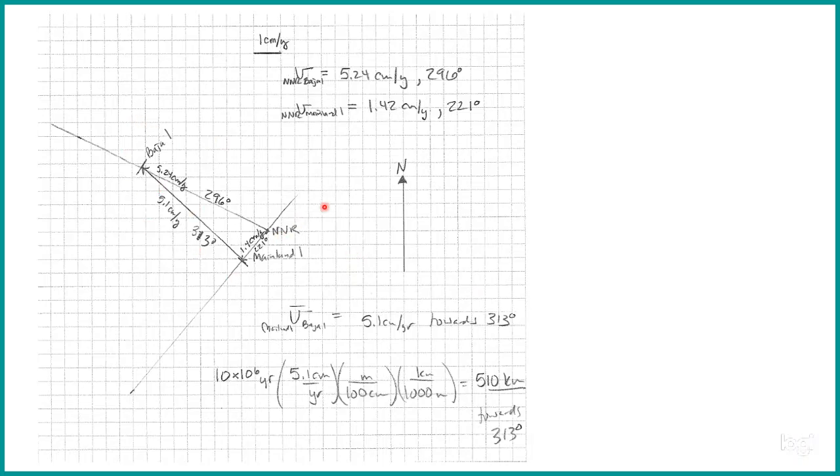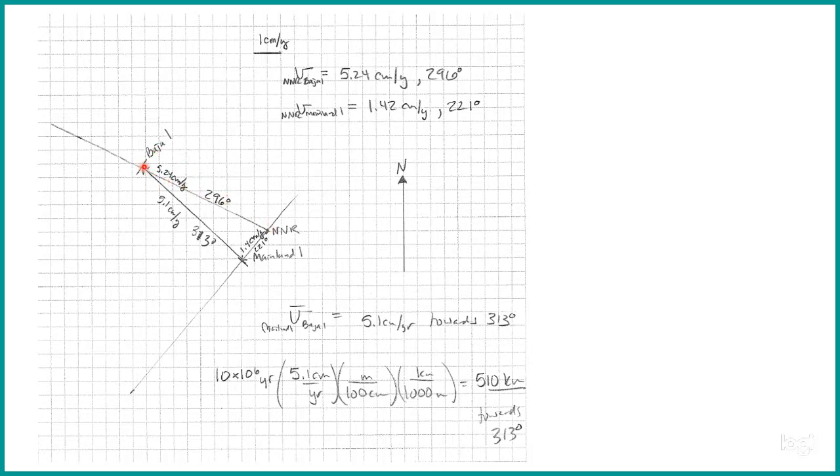Here's my vector analysis. This first point here is my origin, so this would be 0, no net rotation. My first vector is the motion of the Baja 1 point, and the calculator showed that that was moving 5.24 centimeters per year in an azimuth of 296 degrees, so towards the northwest.